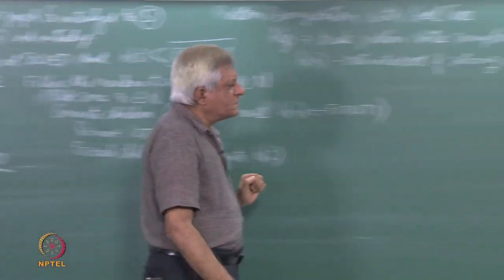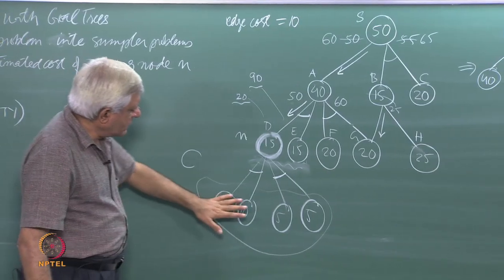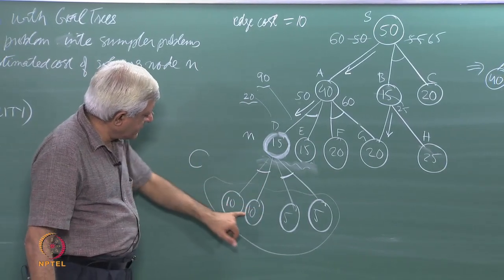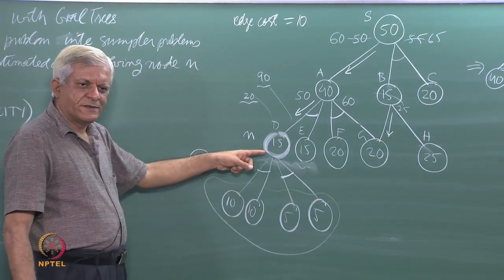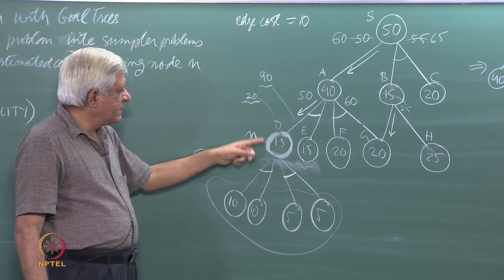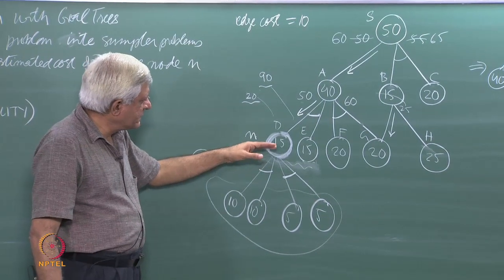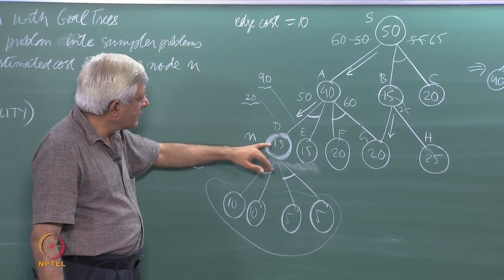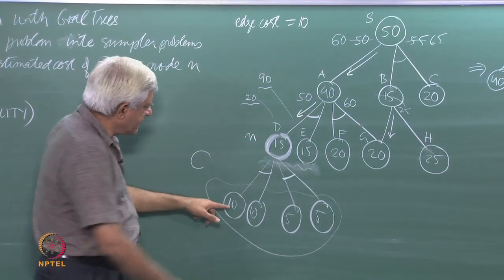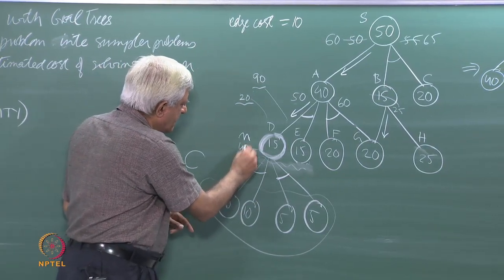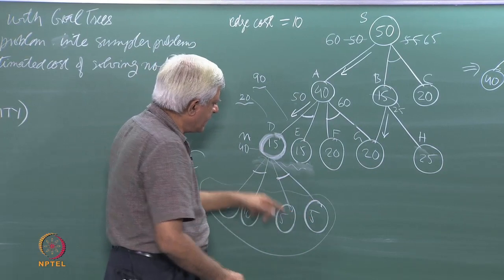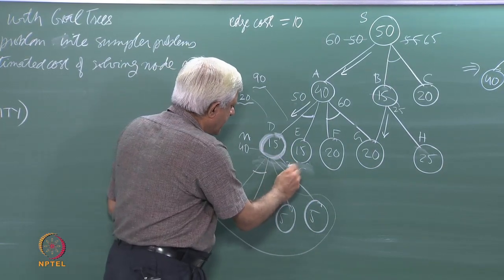So, what do I want to do? I found these heuristic values 10, 10 and 5, 5. Now, I want to first change the heuristic value of n essentially. So, this is 10 and 10, 20 plus another 20, this becomes 40, and this is 5 and 5, 10 plus 20, this becomes 30.